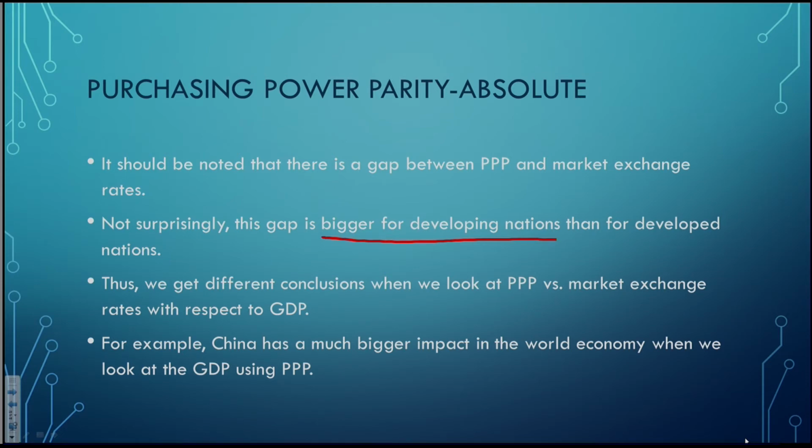For example, China has a much bigger impact in the world economy when we look at GDP using purchasing power parity. When we acknowledge that the purchasing power of their currency is different, and that non-tradable goods might be much cheaper in China, it makes China's GDP look a lot bigger in the world economy than when we don't use purchasing power parity.